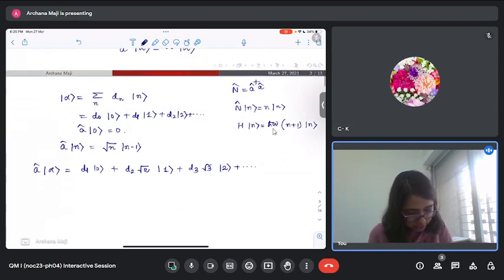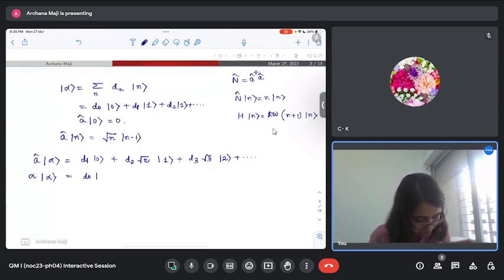And the right hand side is alpha times the state alpha, and that is alpha d0 |0> plus alpha d1 |1> plus and so on.